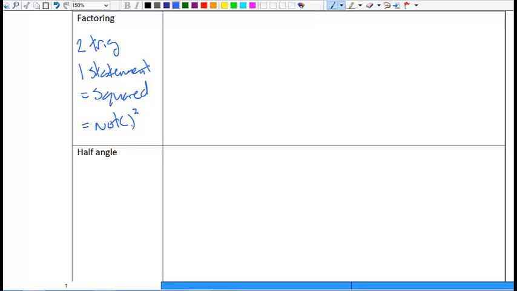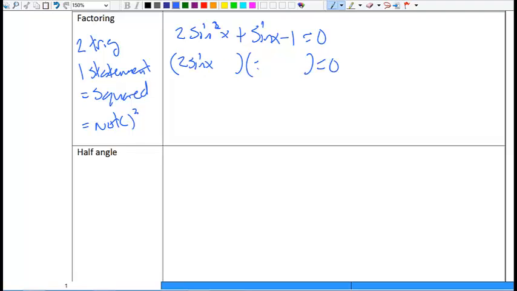An illustration of this would be 2 sine squared x plus sine x minus 1 equals 0. And we're going to factor this thinking that sine is a variable. So if I factor it out, I get 2 sine x and sine x, and then I have to have a 1 at the end, and it's just a matter of balancing out the signs.